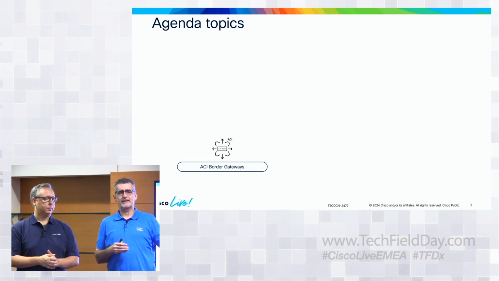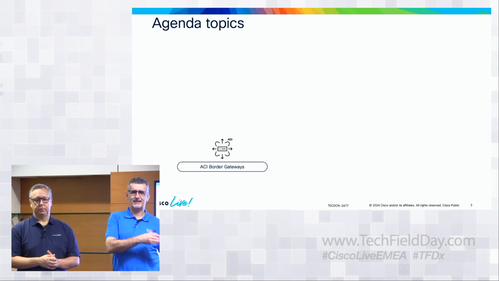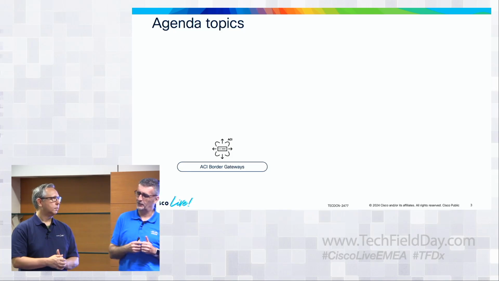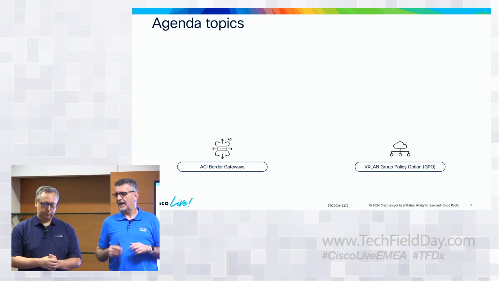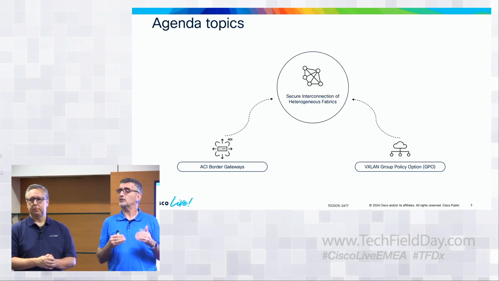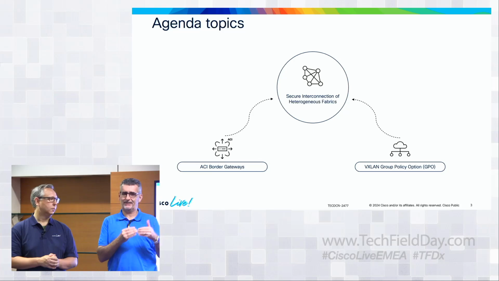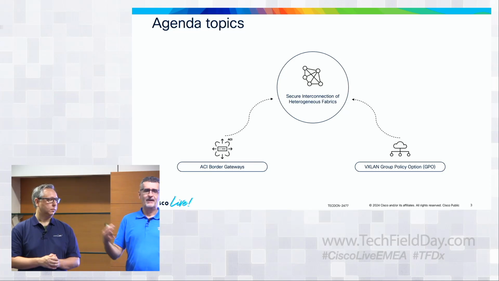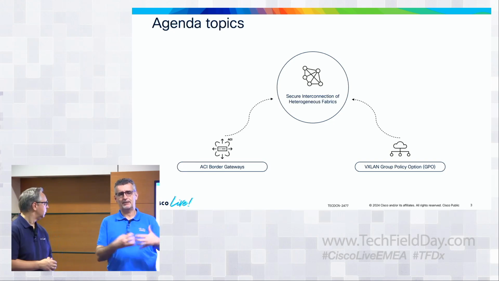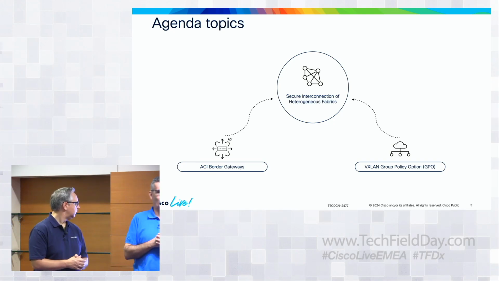One is called the ACI Border Gateway, and we will clarify what it is and why we went through the trouble of creating it. That, coupled with the VXLAN Group Policy Option, GPO, which is very similar to the concept of SGT that were just presented to you. The two functionalities bound together will give us this secure heterogeneous interconnection of fabrics.